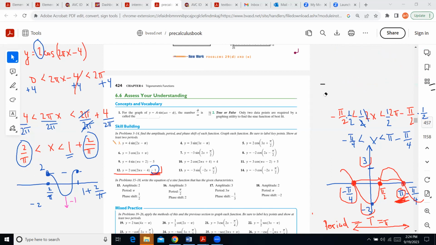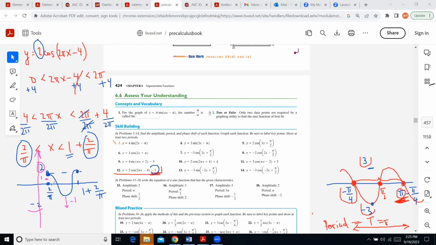So I'm going to subtract 1 on the y-axis from my upper and lower pieces. What does this mean? Well, the upper piece is up here, so I'm going to go -1, so it'll be at the level of 1. And the lower piece is at the level of -2, so it'll be -3.